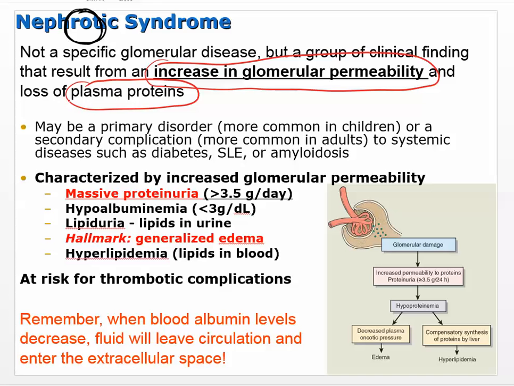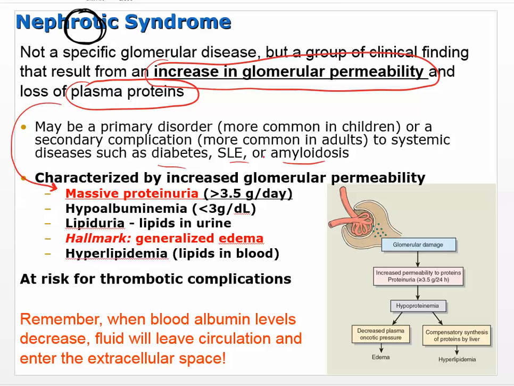That's one of the big differences between nephritic versus nephrotic, is that you have massive proteinuria. So you have lots of proteins in the urine. Maybe a primary disorder, which is more common in children, or, which is more common in adults, a secondary complication to diseases like diabetes, lupus, amyloidosis.